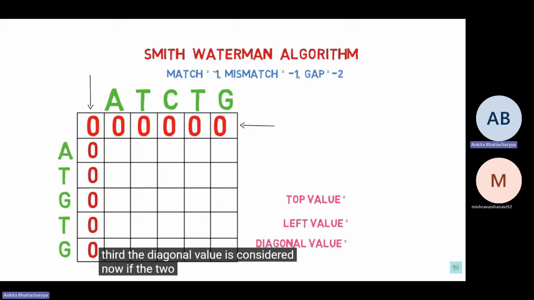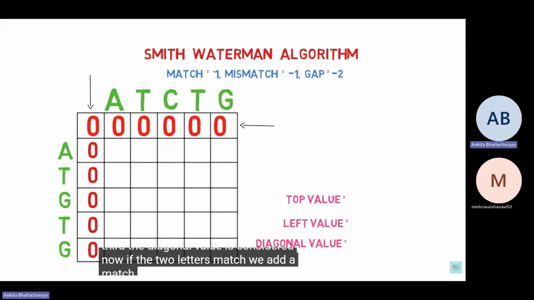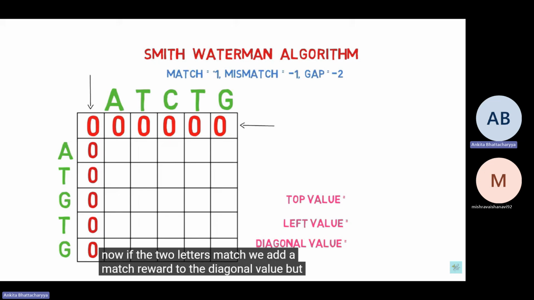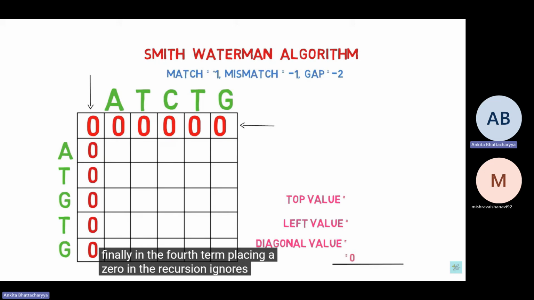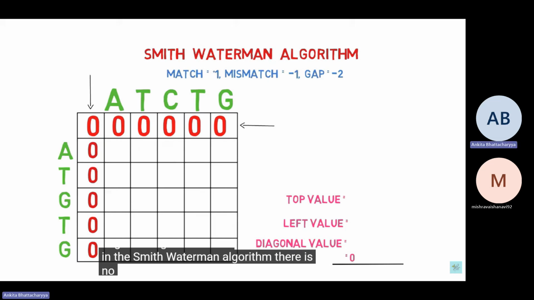Now, if the 2 letters match, we add a match reward to the diagonal value. But if the 2 letters do not correspond to each other, we add a mismatch penalty to the diagonal value. Finally, in the 4th term, placing a 0 in the recursion ignores a possible negative alignment score. In the Smith-Waterman algorithm, there is no negative value.